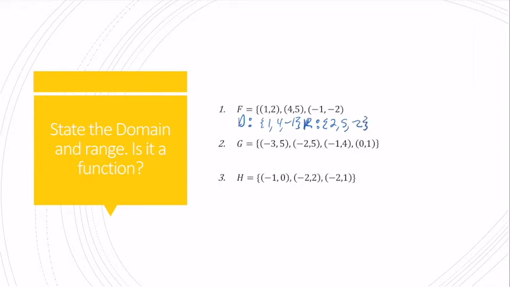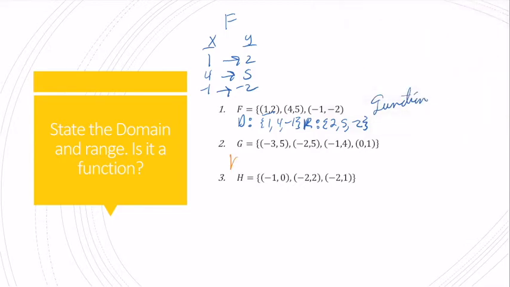How am I going to determine if this is a function? Well, let's go ahead and make a picture. So I have 1 going to 2. So when x is 1, y is 2. When x is 4, y is 5. And when x is -1, y is -2. This is a function. Each x has exactly one y value.